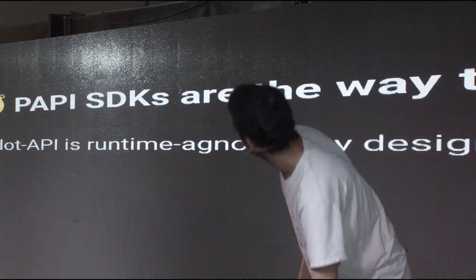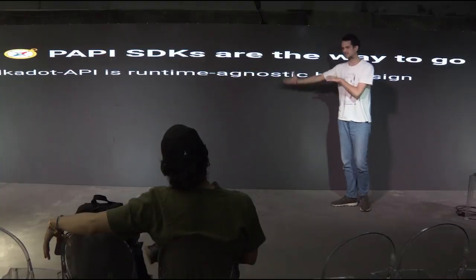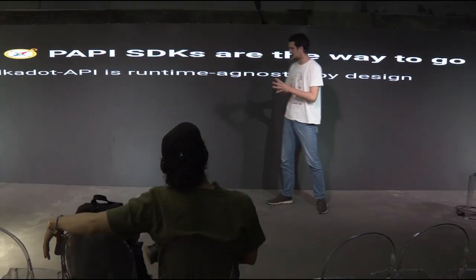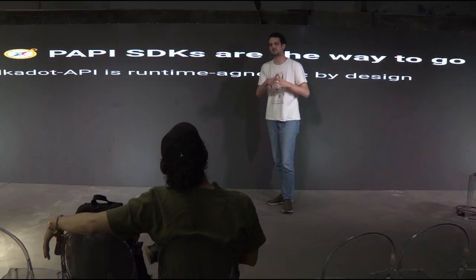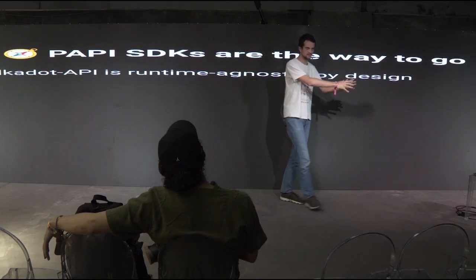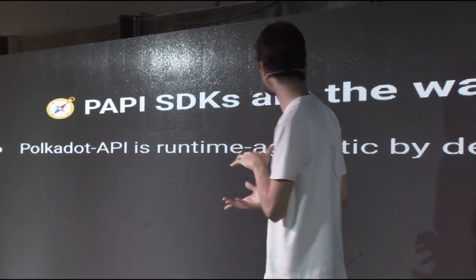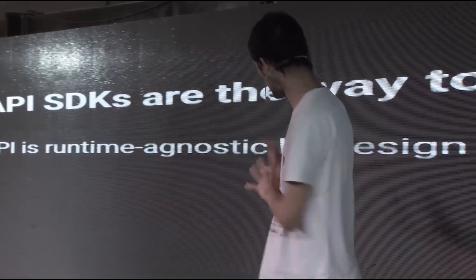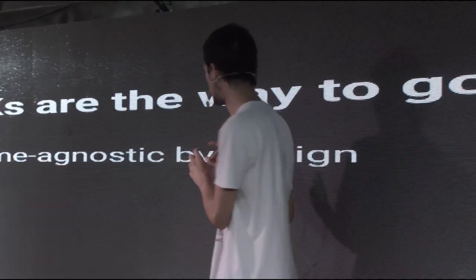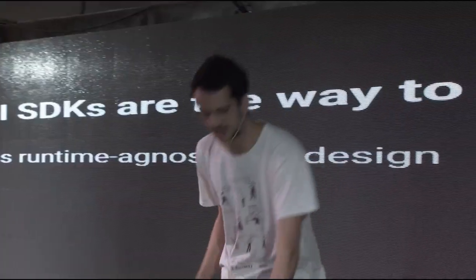So why do we think they are the way to go? As I mentioned, Polkadot API is runtime agnostic. What do I mean by this? By design, it does not include any kind of business logic of the chain you're interacting with. So the library is completely agnostic. But this is a very nice building block because it lets you compose and create abstractions on top of it.